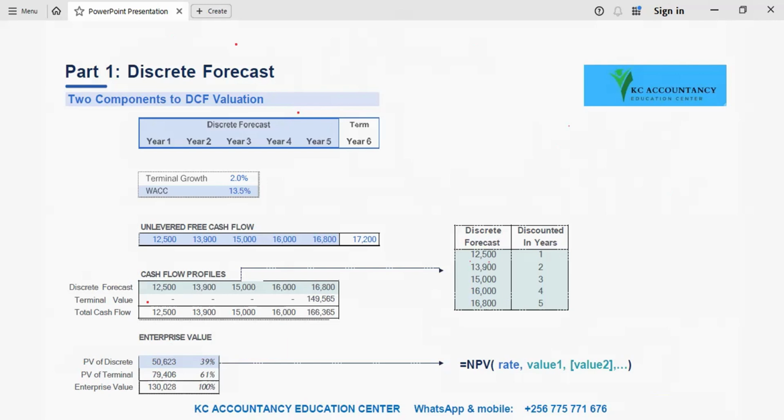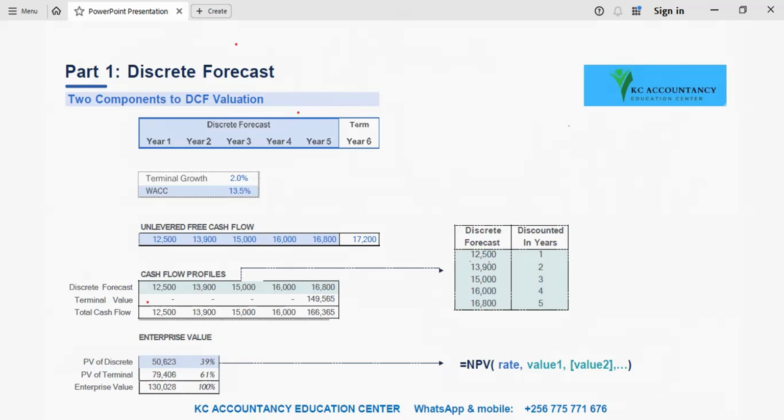So if we think that the cash flows in year 1 are actually happening at the end of the year, then the NPV function will discount those back by 1 year, thus giving us a present value at the end of year 0.